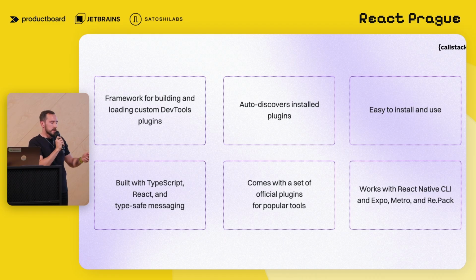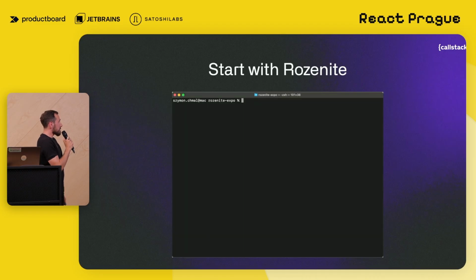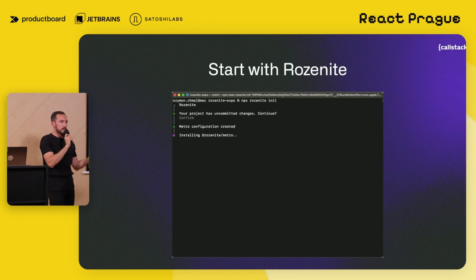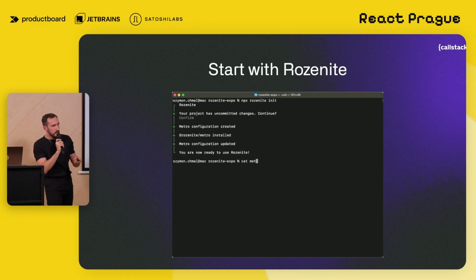So how to start using it? Do I need to install some package? Do I need to change my code somehow? Do I need to configure Metro or Repack to use it? Technically, yes.